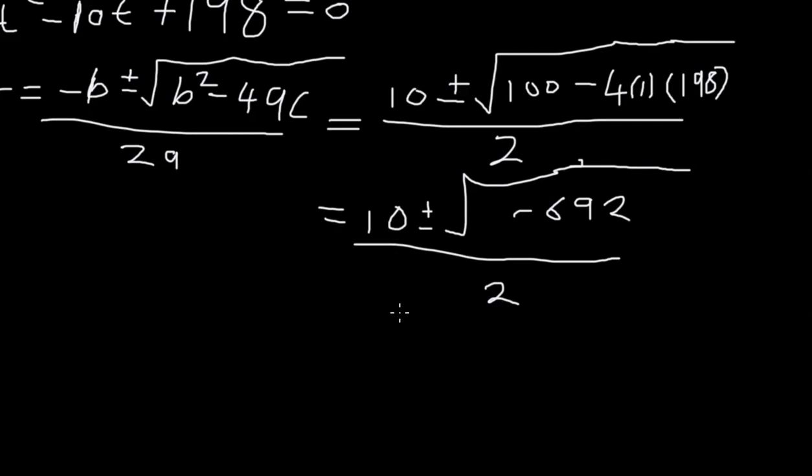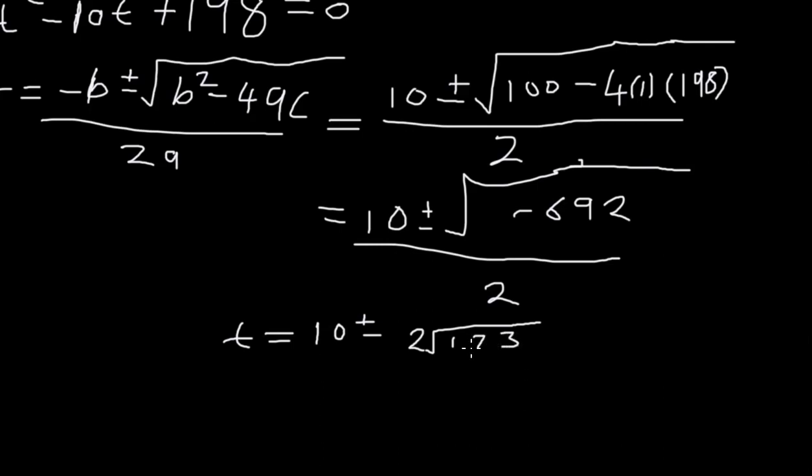So this in complex form can also be written as 10 plus or minus, mind you, we're finding the value of t, so this is going to be 2 root 173 i.